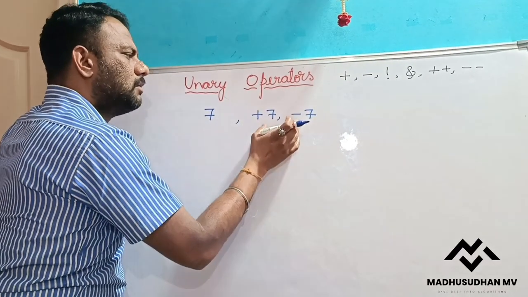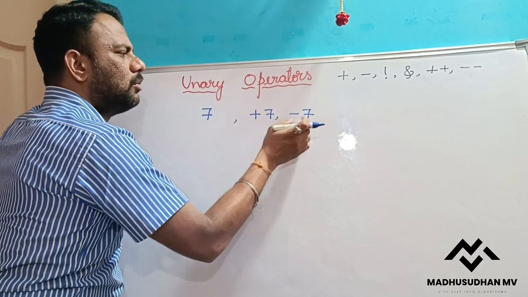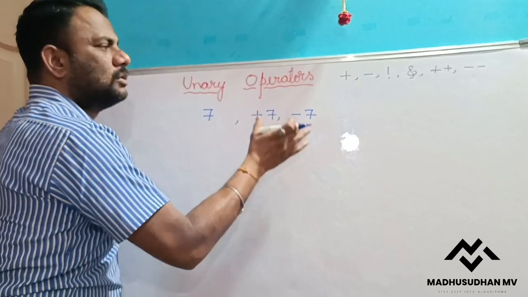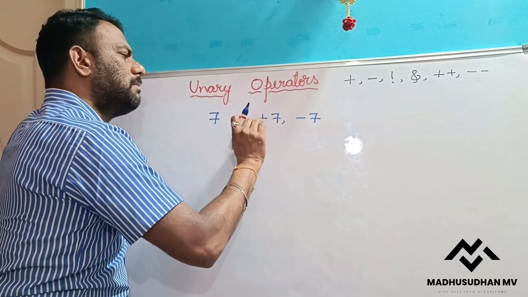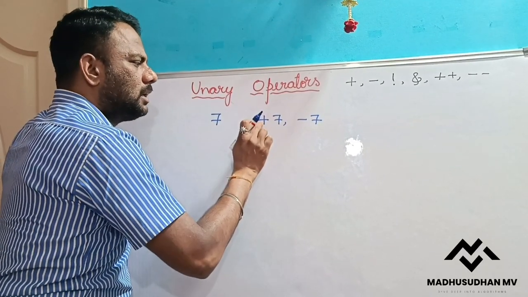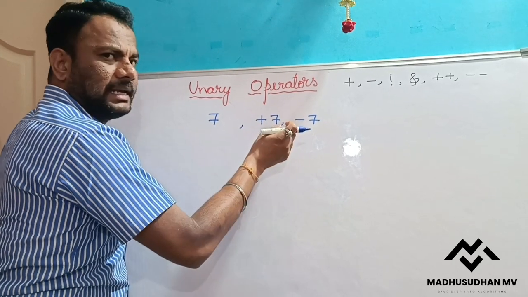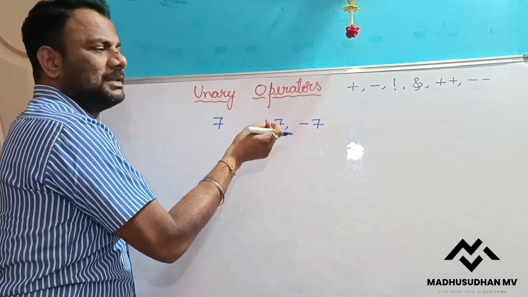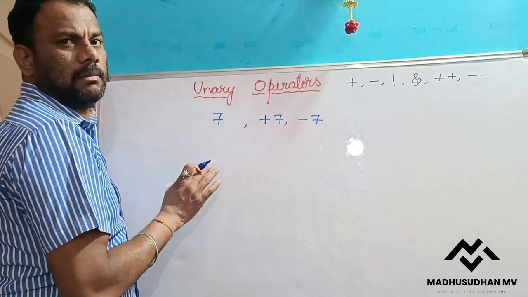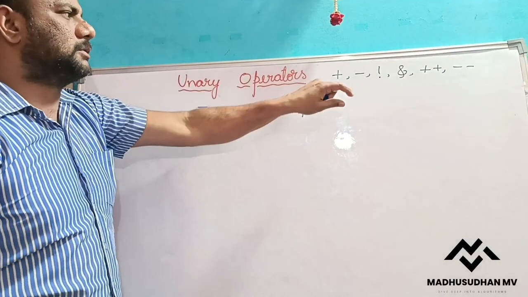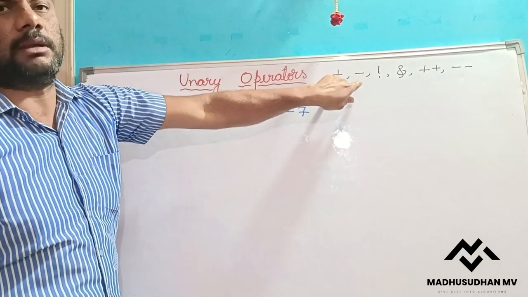When I use a sign as well as a magnitude, it is called a signed number. In signed numbers, the sign may be plus or minus. This is not addition. This plus or minus indicates whether the value 7 is a positive number or a negative number. For that purpose we use unary plus and unary minus.